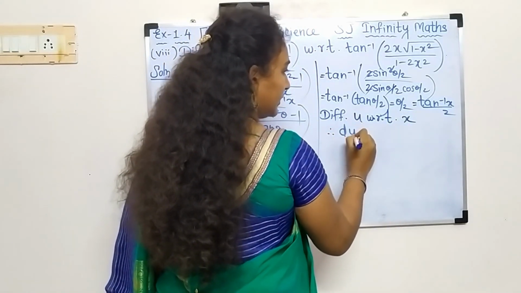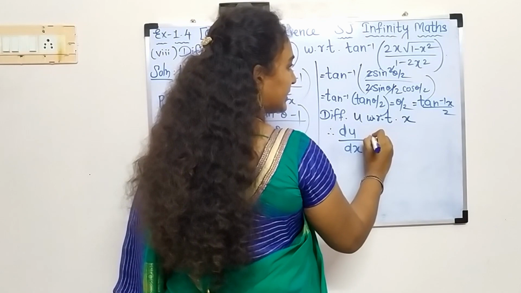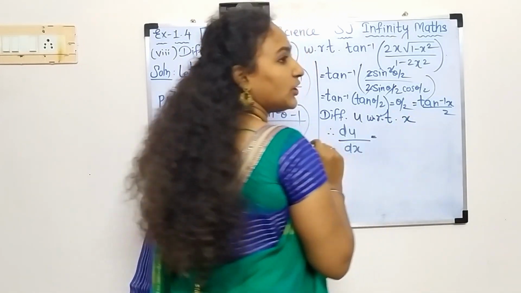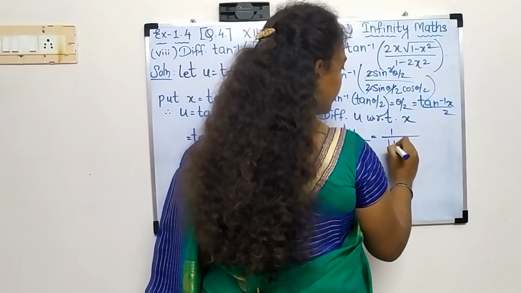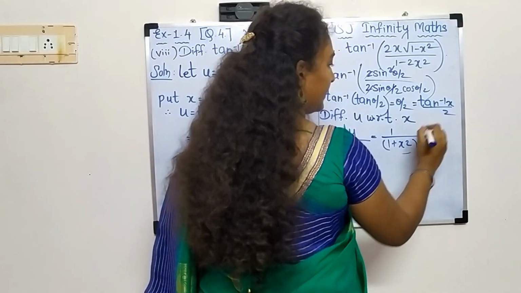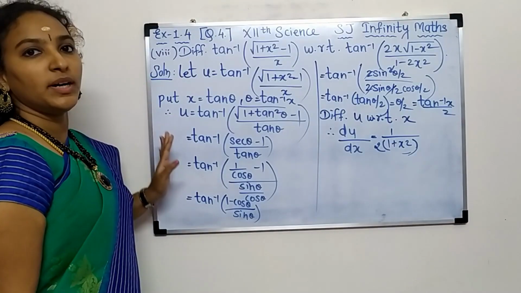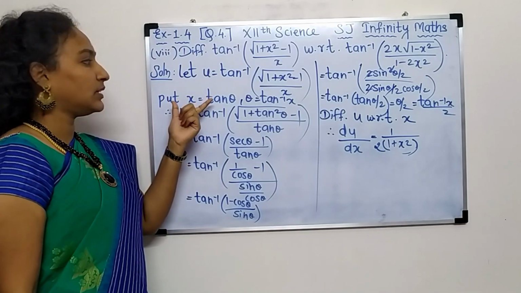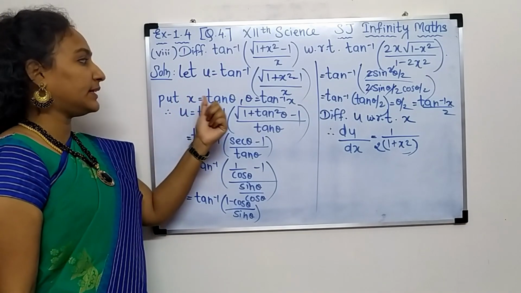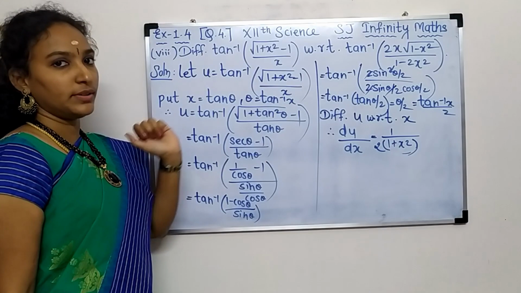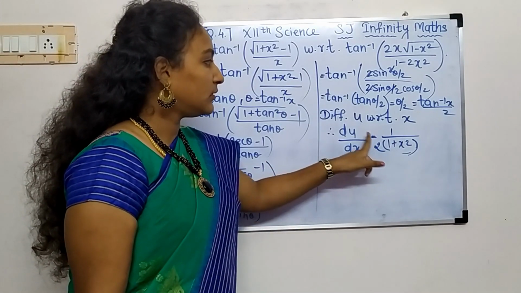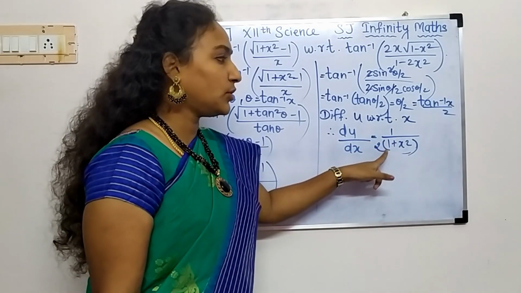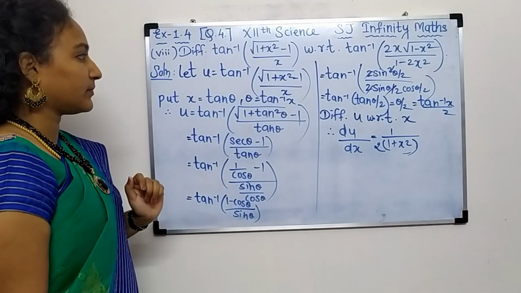Therefore, du by dx is, derivative of tan inverse x is 1 upon 1 plus x square. We hope you understood. In place of x put tan theta, so we get theta equal to tan inverse x and solve it to get du by dx as 1 upon 2 into 1 plus x square.